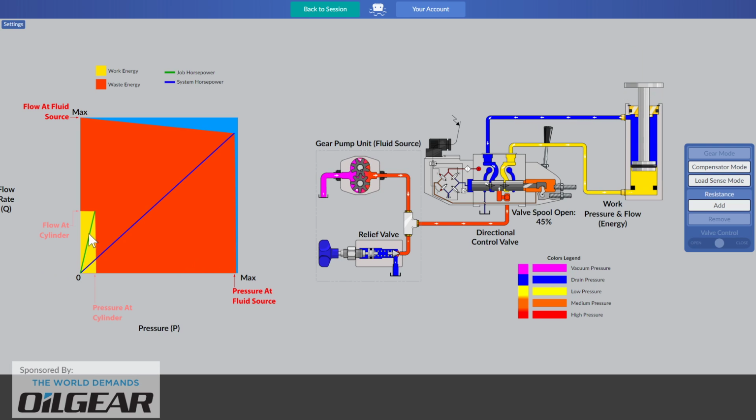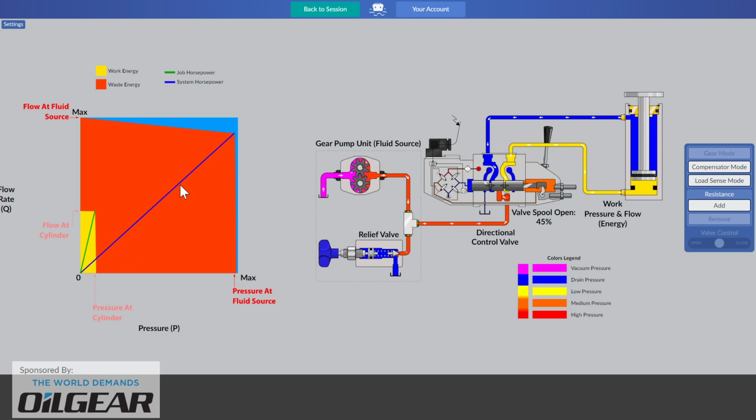So what about that diagonal line? Well, that diagonal line, as many of you know, that's our horsepower line, our power line, letting us know how much power it takes to move the load. Well, this green diagonal gives us an indication of how much power that is. It's a function of both the amount of flow and pressure, where our gear pump, the source of the system, with the relief valve, the length of that diagonal line for both pressure and flow is much longer.